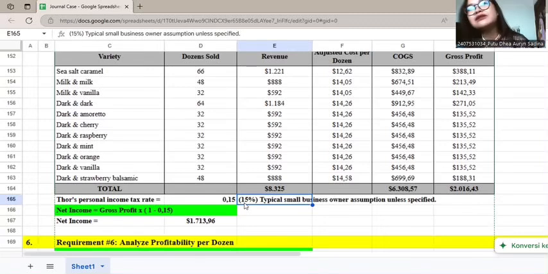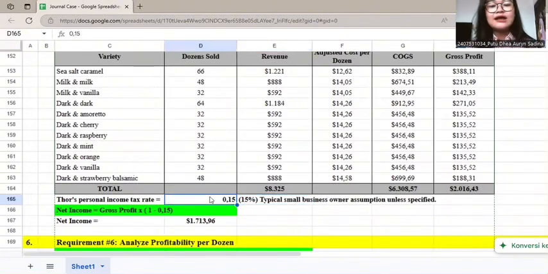The income tax rate given in the journal is not really specific, and the company that TOR has is not really mentioned much, so we don't know what income tax rate to put. So we assumed that the company has an income tax rate of 15%, or 0.15.